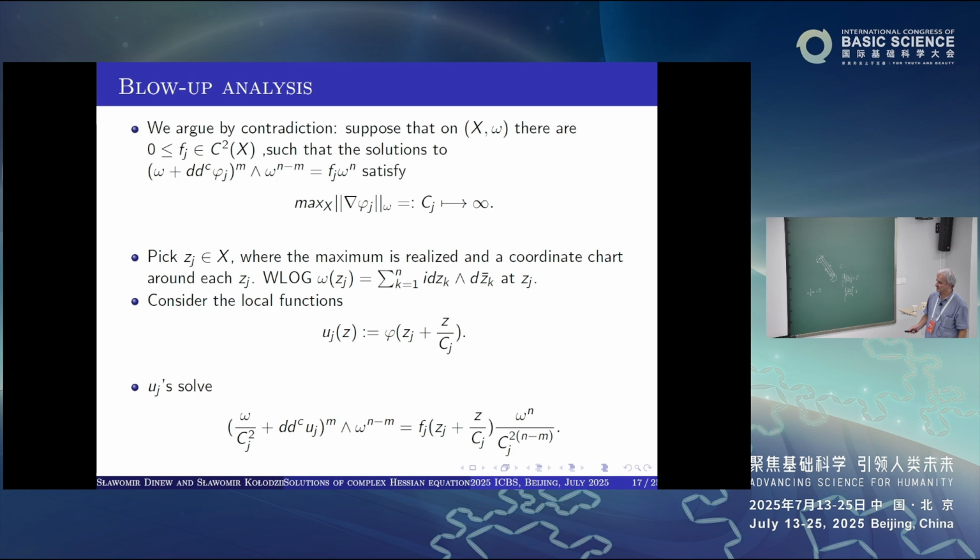Now what happens? CJ go to infinity, so it means that this form tends to 0 when J goes to infinity. Here, FJs are bounded, but those guys again go to 0. Right? So in the limit, we will obtain DDCU J to the power M wedge this equals 0.